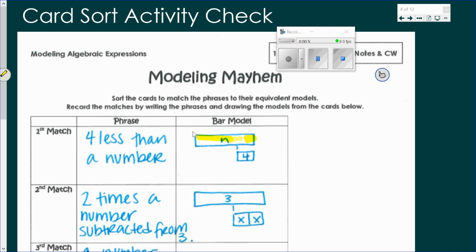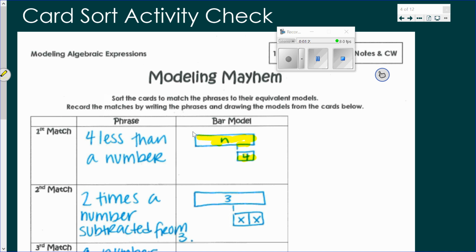Now, to model that expression, it's fairly straightforward. This shows the whole of N and then 4 being taken from it. So for subtraction expressions, you're always going to have some whole value, whether it's a variable or a number that's to be determined, but some whole value and then a piece being taken from it.